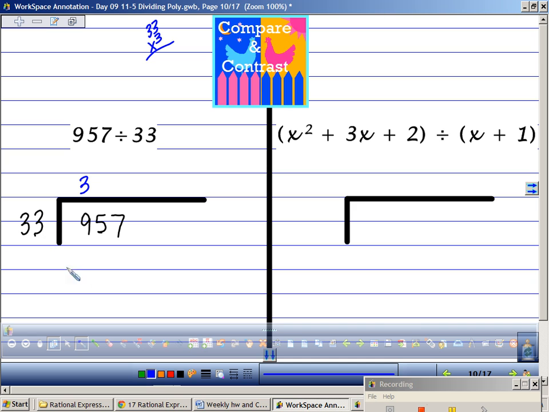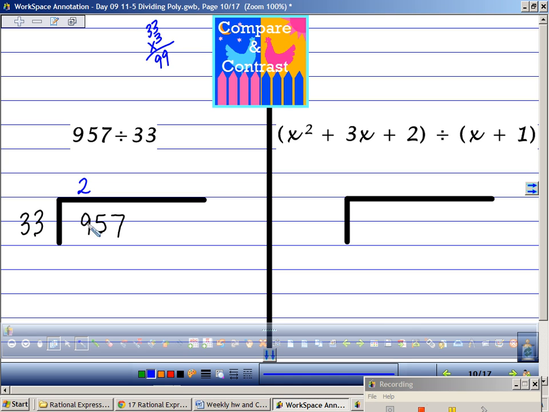So 3 times 3 is 9. And 3 times 3 is, uh-oh, that's not going to work. Why? It would be the same thing if you did it this way, right? And you'd realize, oh, I can't multiply by 3, I got to multiply by what? 2. There's another problem here. Does the 2 go here? Yeah, I can.